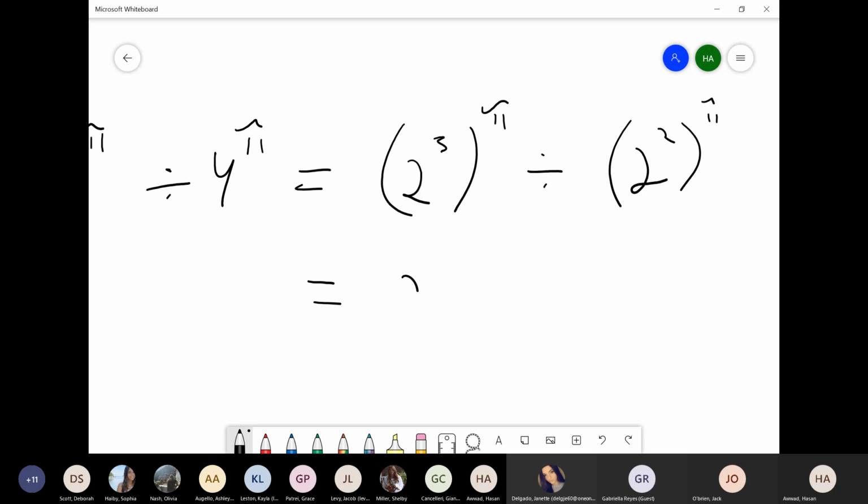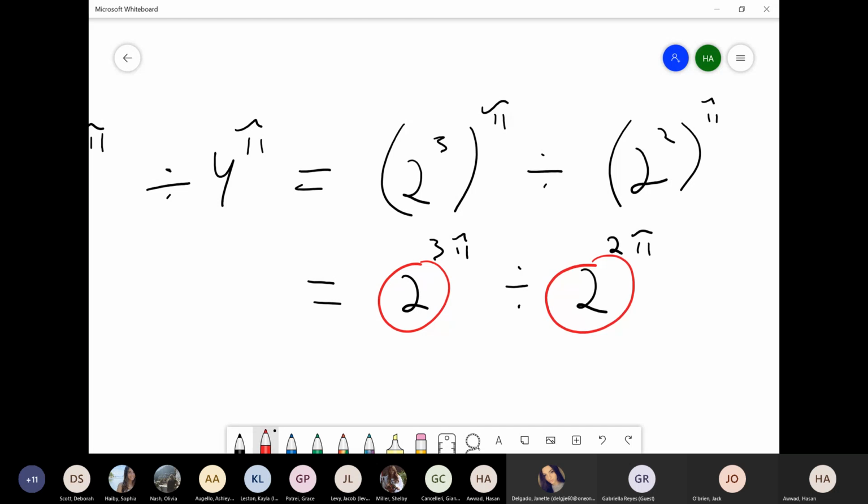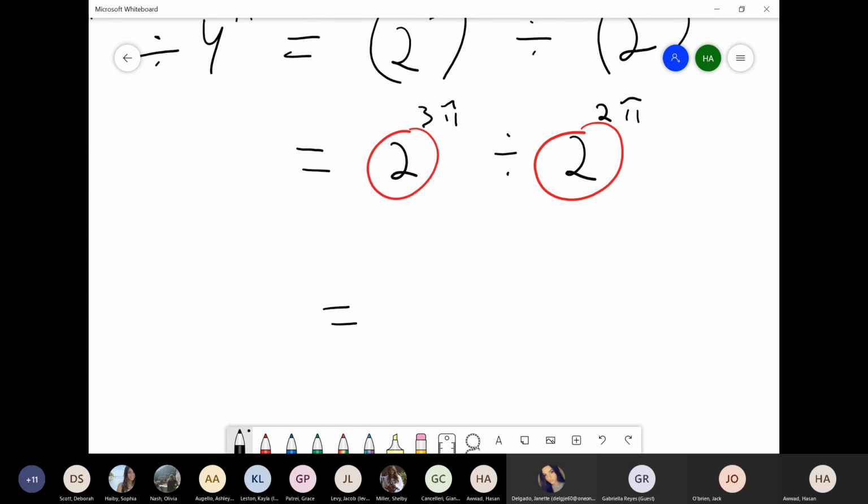So this is really 2 to the 3 pi divided by 2 to the 2 pi. Okay, fantastic. We now have the same base, right? We have a 2 here, we have a 2 here. They're being divided.